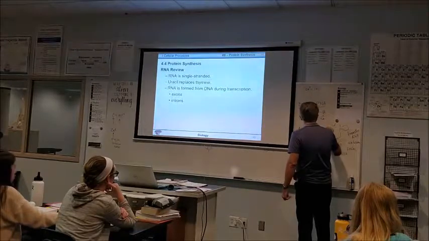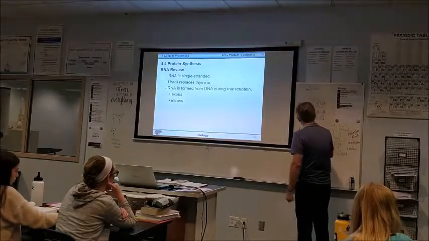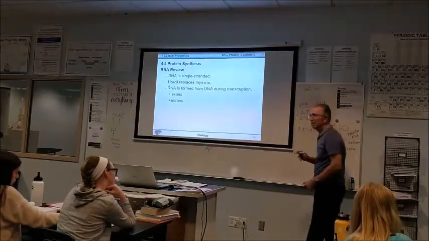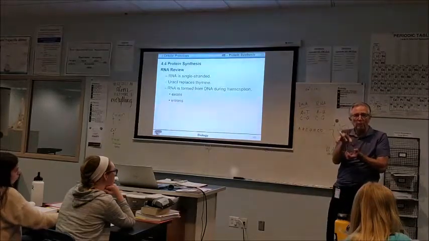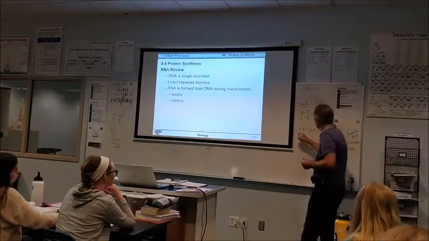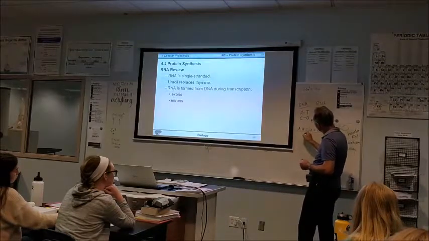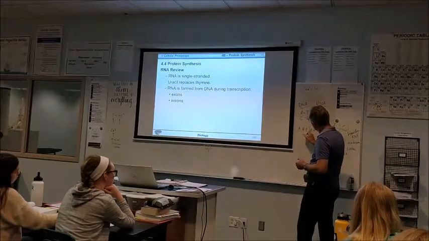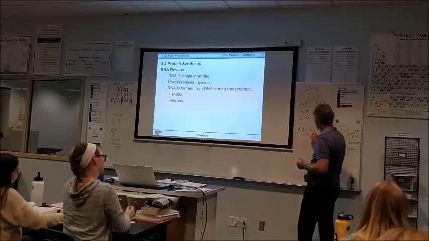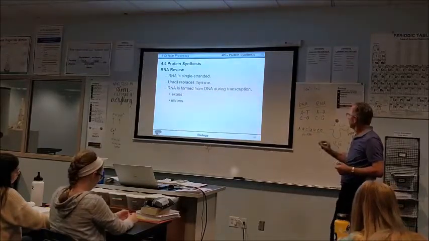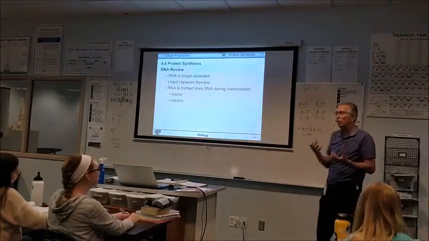Oh, we've got to have a G in there. Let's put a G here. Okay? So every three of these is a code. So this is the messenger RNA right here. We're going to call it mRNA for messenger RNA. And every three of those is a code, the codon.